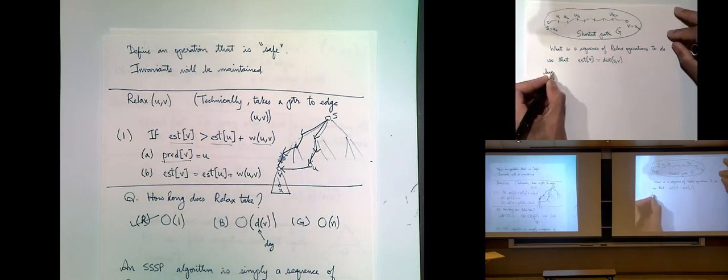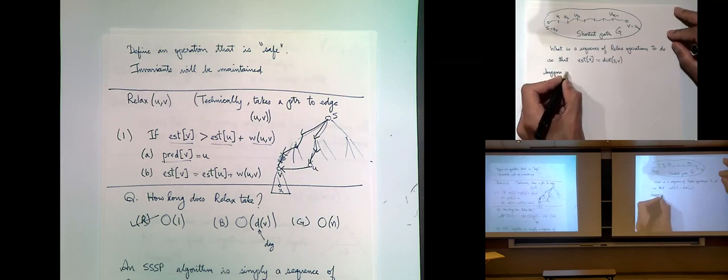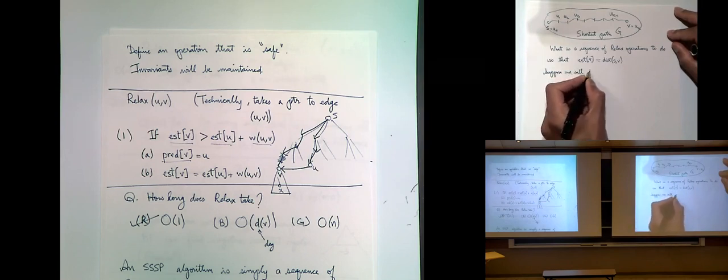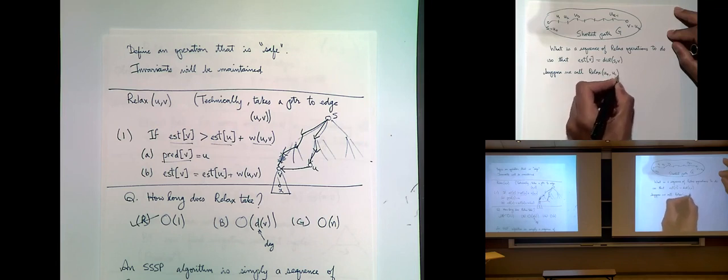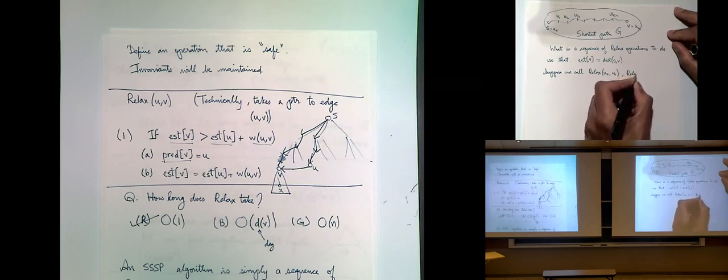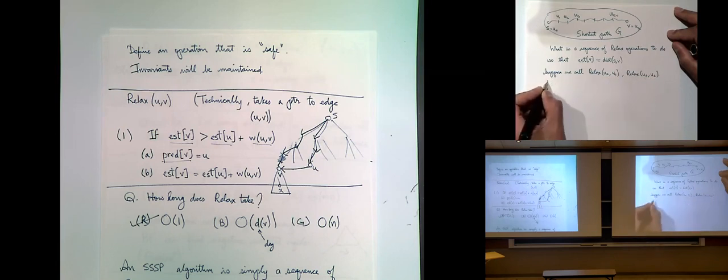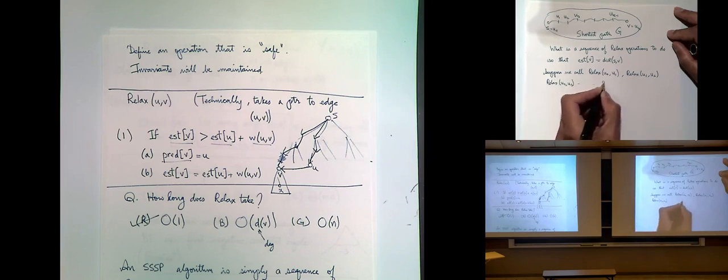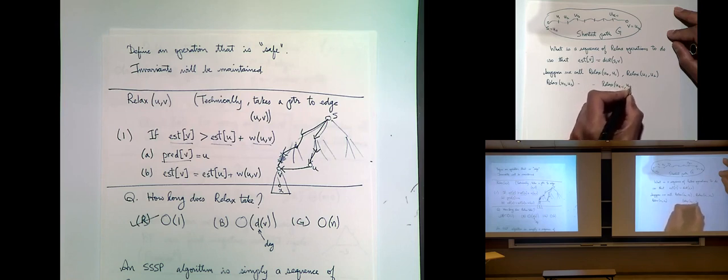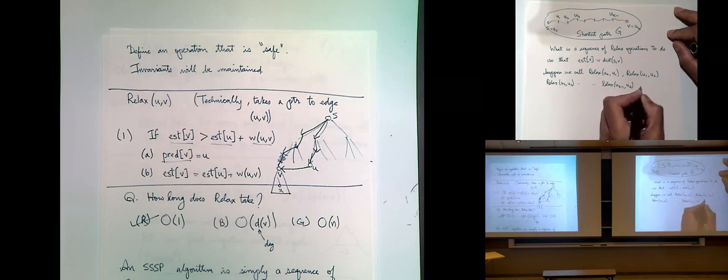Suppose we call relax of U0, U1, then relax of U1, U2, relax of U2, U3, and finally relax of U(K-1), UK. Like in this order. You call this in this order.